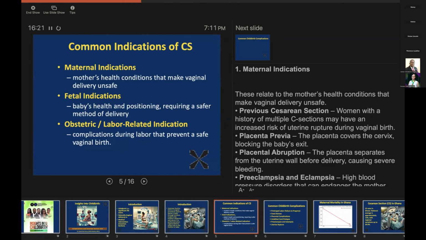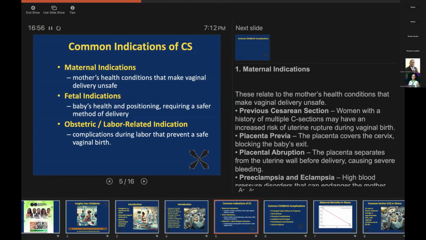Okay, so for women with heart and lung diseases, we know that labor is a stressful situation, a stressful environment where the woman uses a lot of energy, and the heart pumps a lot of blood to the uterus for that process of labor to be successful or uneventful.